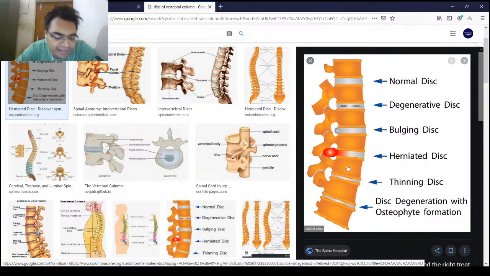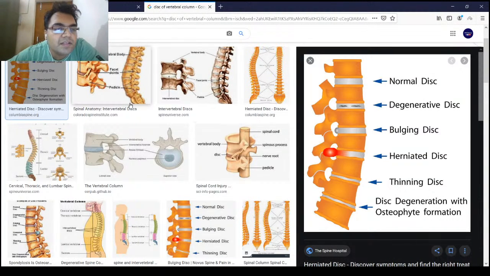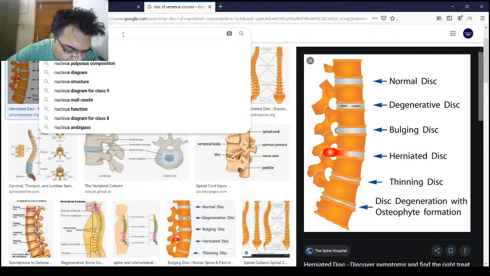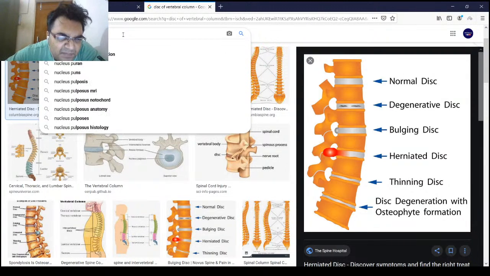So if you see that disc here, I'll show you one more thing. Let me search the image. Inside you have the nucleus pulposus.